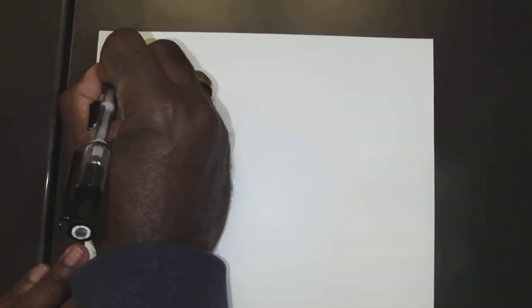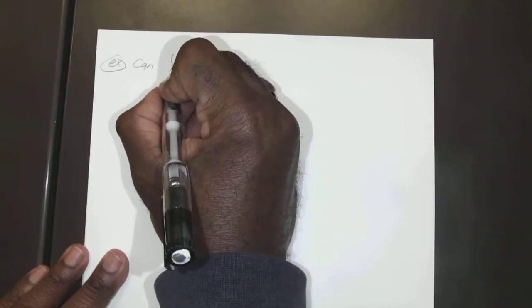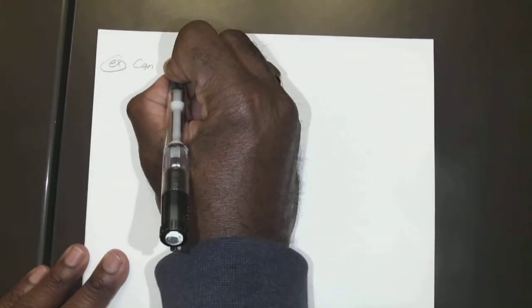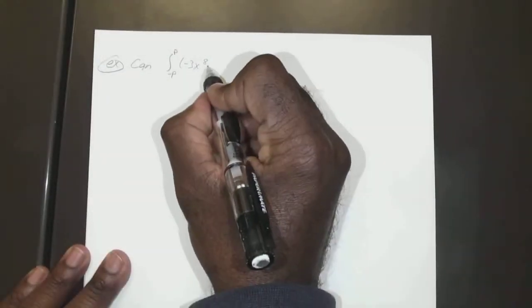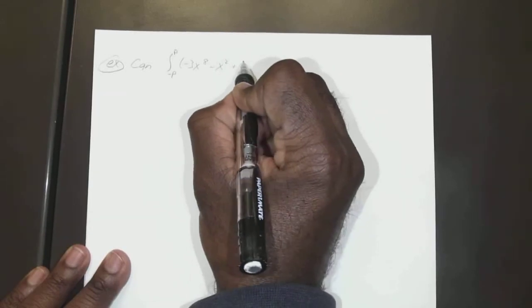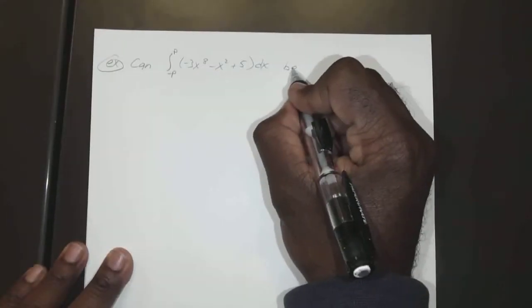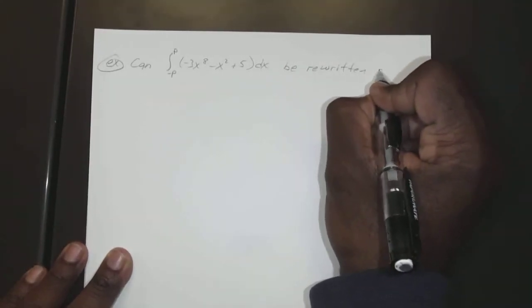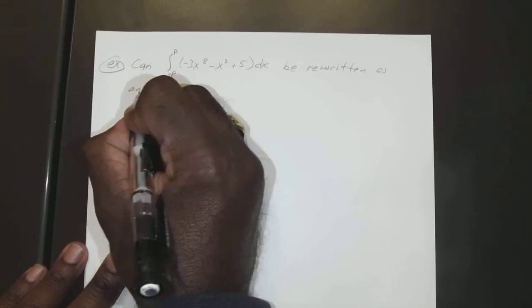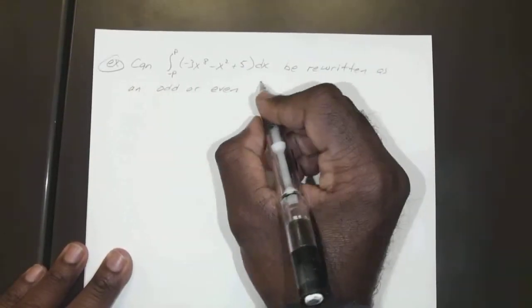Okay, so let's say, for example, I want to know, can the integral from negative p to p of negative 3x to the 8th power minus x squared plus 5 with respect to x be rewritten as an odd or even integral?